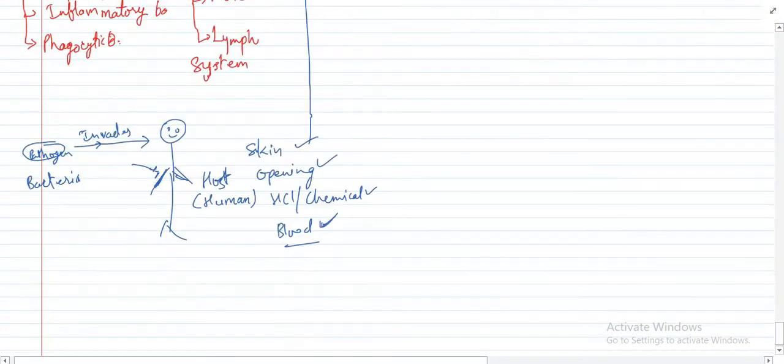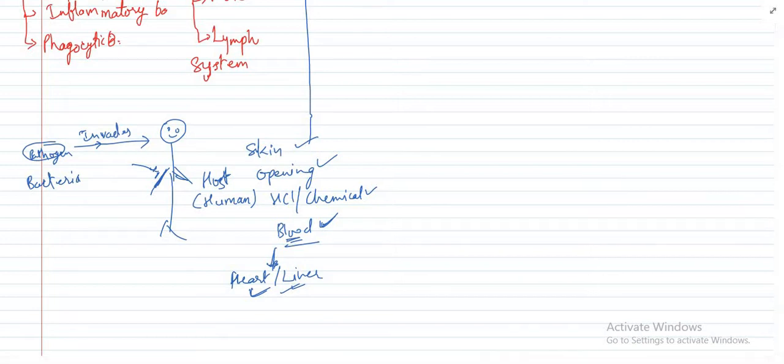As you know, blood goes to the heart, liver. Okay, so there are many organs, and through this pathway they reach those organs which are very convenient for their living, because after reaching there they can survive easily, they can grow easily, because their conditions are optimal for each organism or each pathogen, because pathogens have specific requirements.